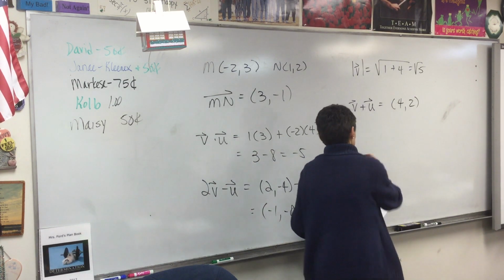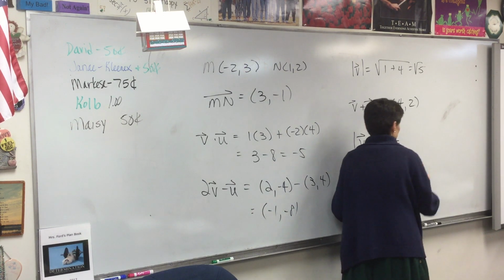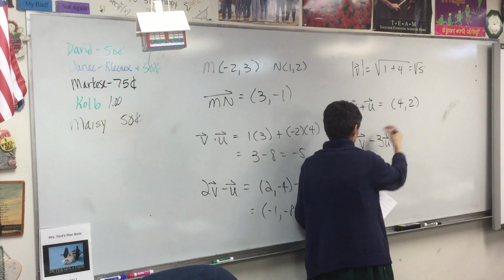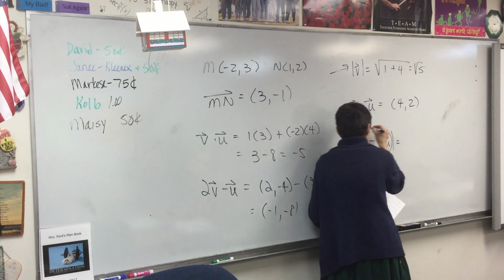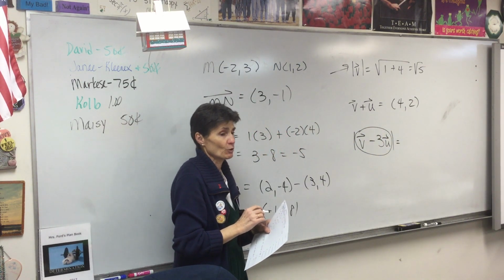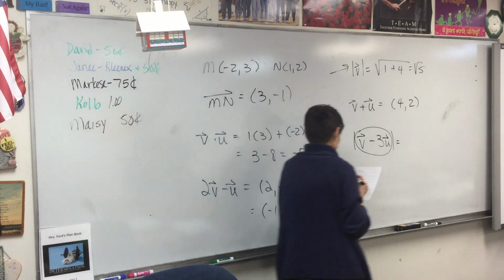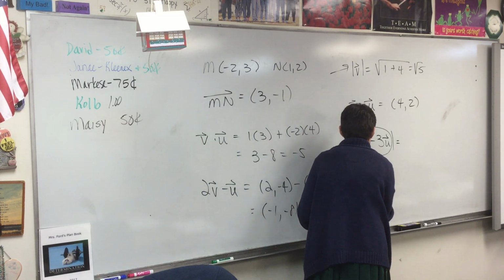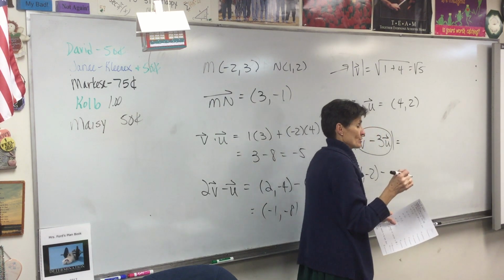Now E. Not hard, but you got to do things in the right order. These absolute value signs mean magnitude, but you have to treat them like parentheses. You have to do everything inside first, and then we'll do magnitude. So we're going to have V, which is 1, -2, minus 3 U's.